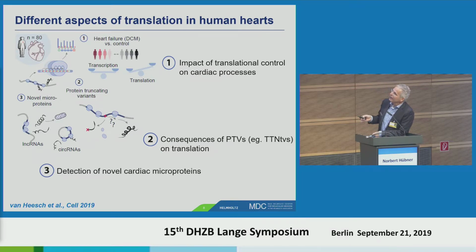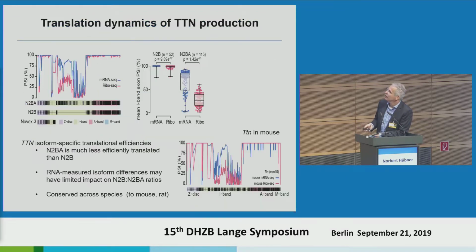We can use this information of actually translating events to look at genetic variants that we believe truncate a particular gene and protein of interest, a stop codon, for example, as a mutation, and we can look at novel translational events within the genome. For example, we can detect novel proteins in the genome that previously have not been annotated. I would actually like to concentrate on protein truncating variants and showcase this on a couple of examples.